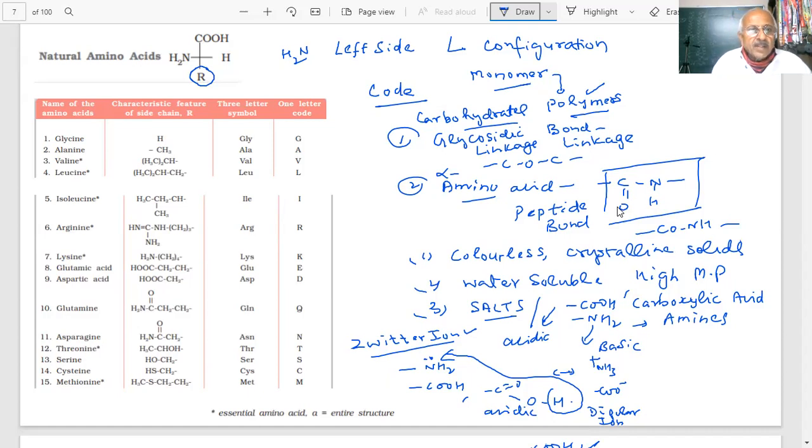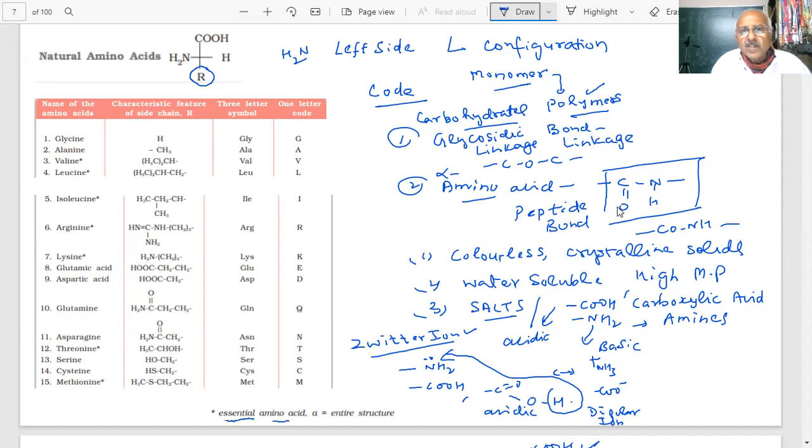But certain structures have been given, student, for the R group. You can see they have COOH groups, they have NH2 groups. And you have seen stars have been put in some cases. Did you see the star? Amino acid with star: valine, star, leucine, star. What are these stars? The star is the essential amino acid.